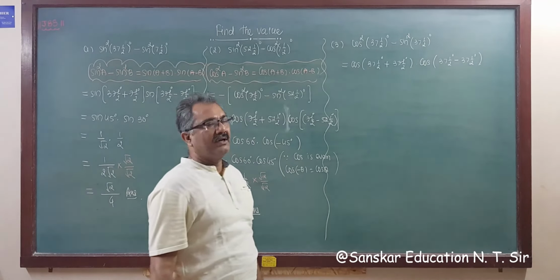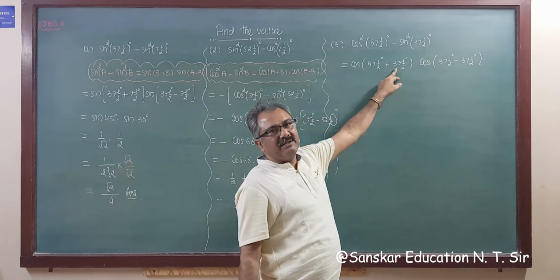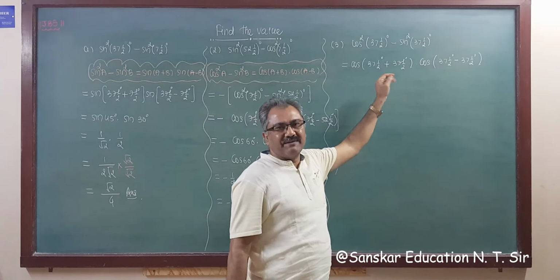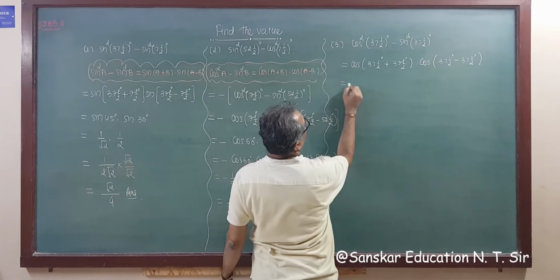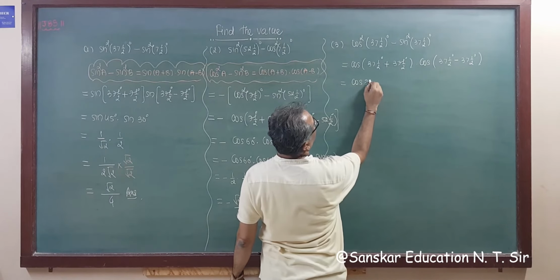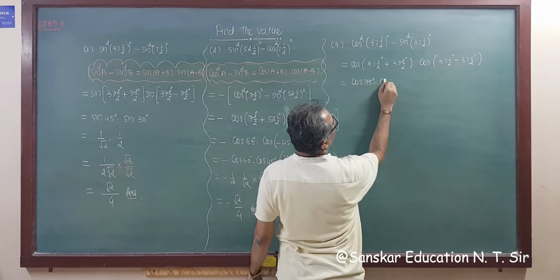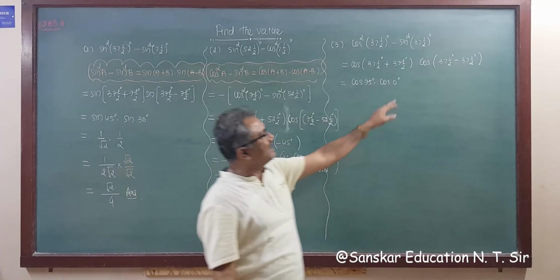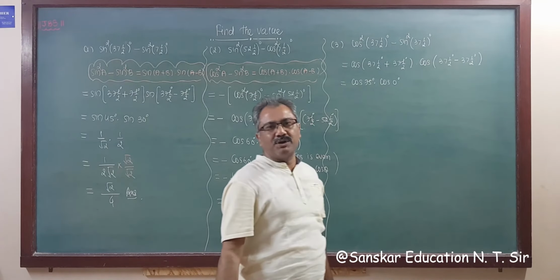Half plus half is 1, so 37 plus 37 is 74, plus 1 is 75. So this is cos 75 degree into cos 0 degree. Cos 0 degree is 1.